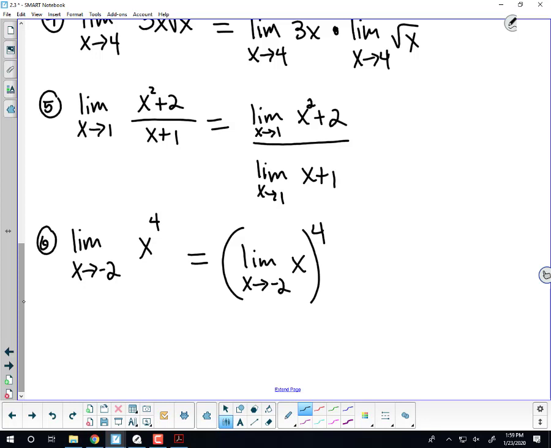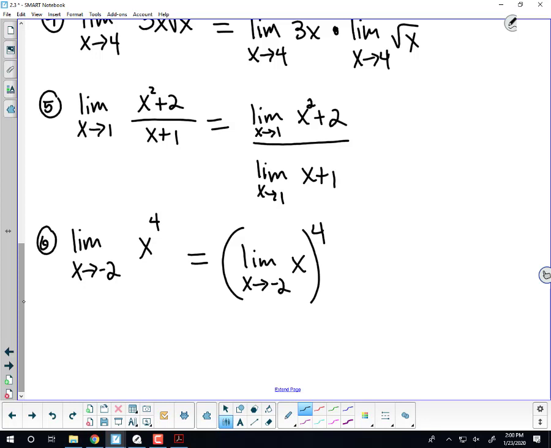There's nothing mystical happening here, because if I plug in -2 for x, I have to raise it to the 4th power, versus the one on the right, where x is -2 and then I raise it to the 4th power. Kind of the same thing. And again, we see why that works more so in 2.6, so a little bit more justification in 2.6, but that's that.